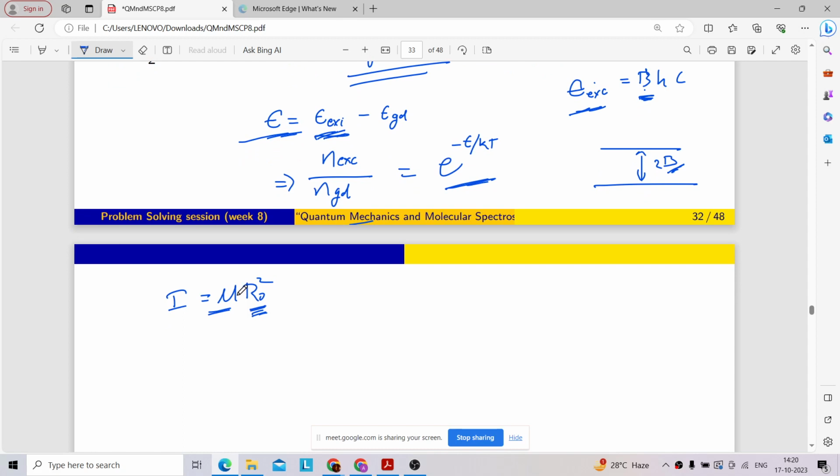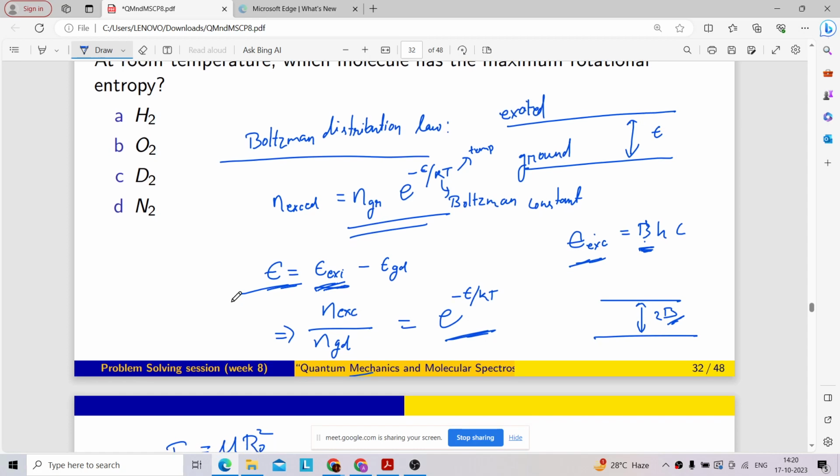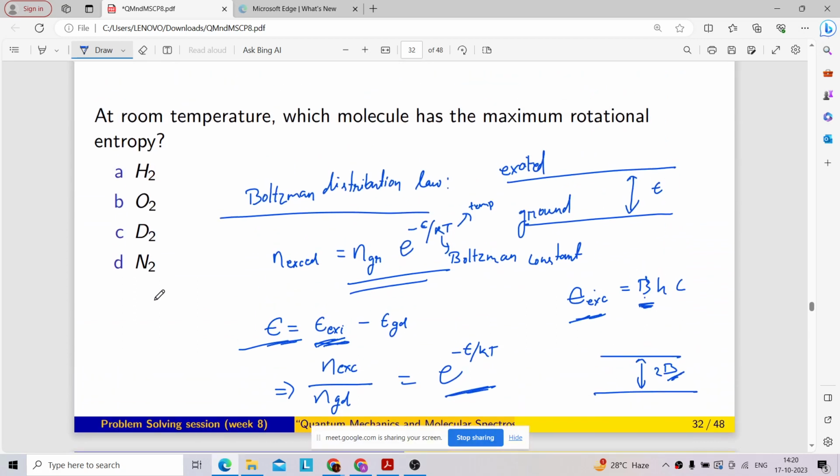But the reduced mass will be the dominating quantity which will be changing, right? What is the form for reduced mass? This will be mass m1 times mass m2 divided by m1 plus m2. So among all these four examples, which is the heaviest one?